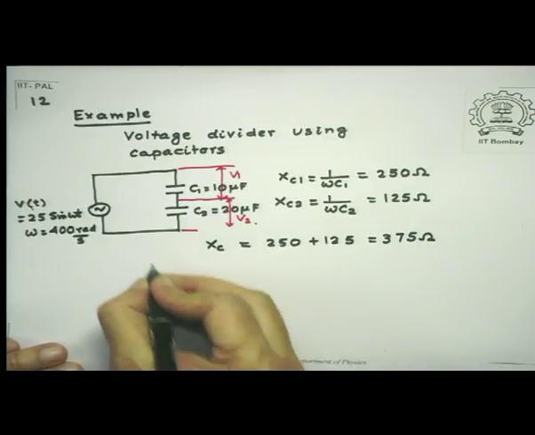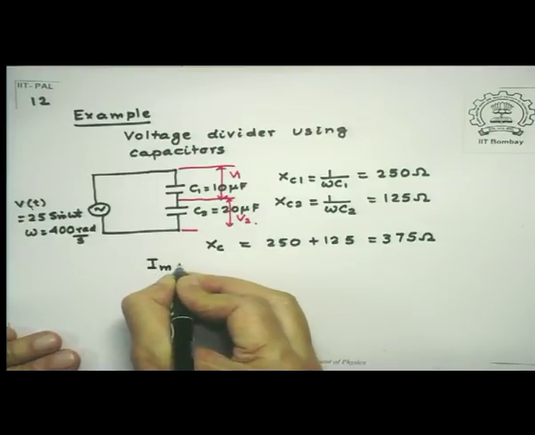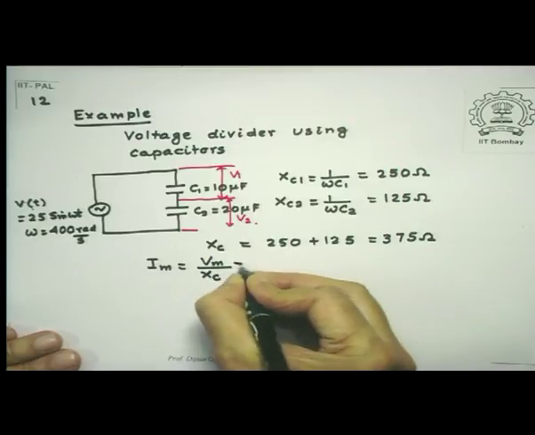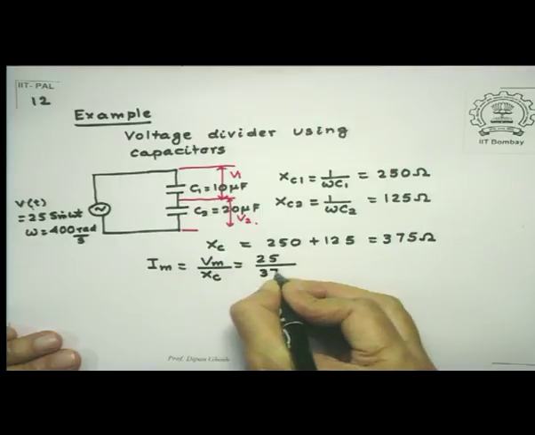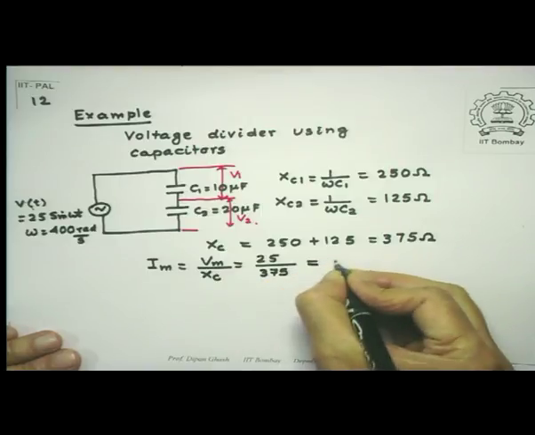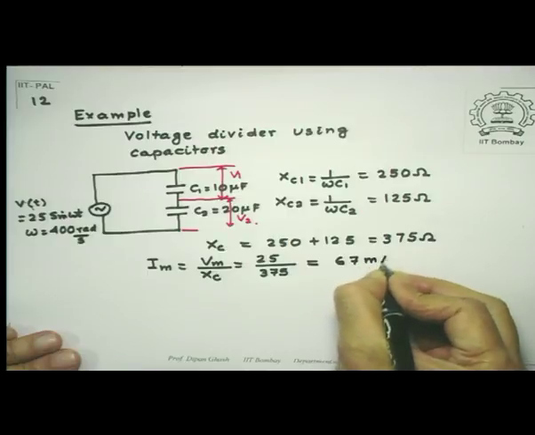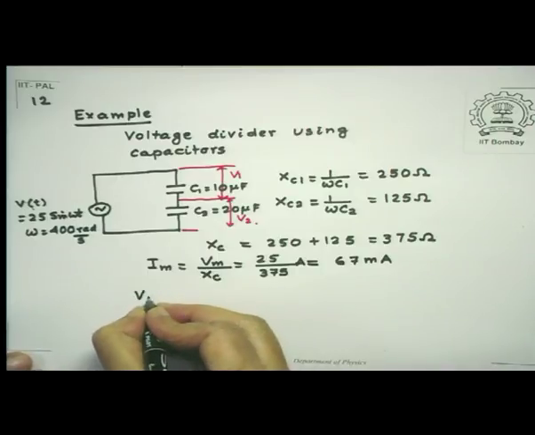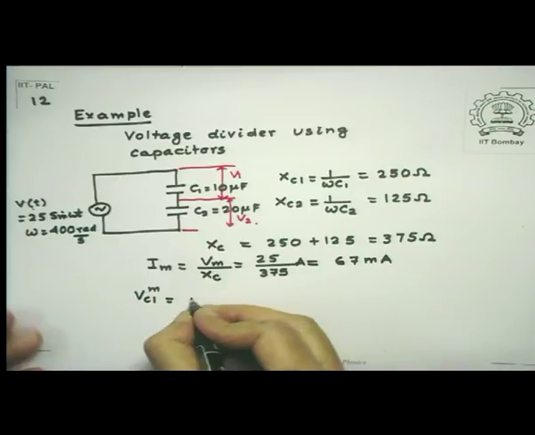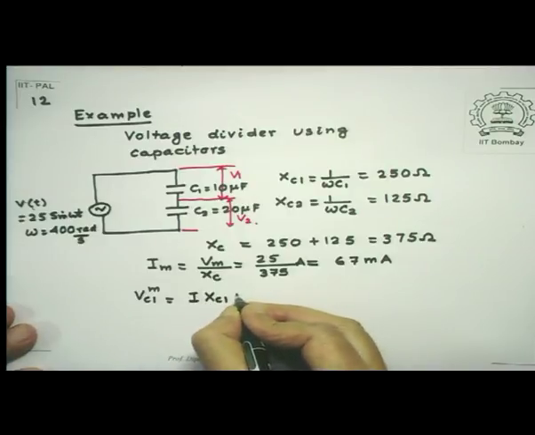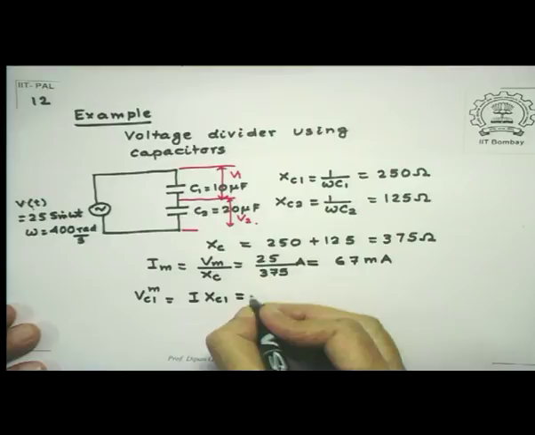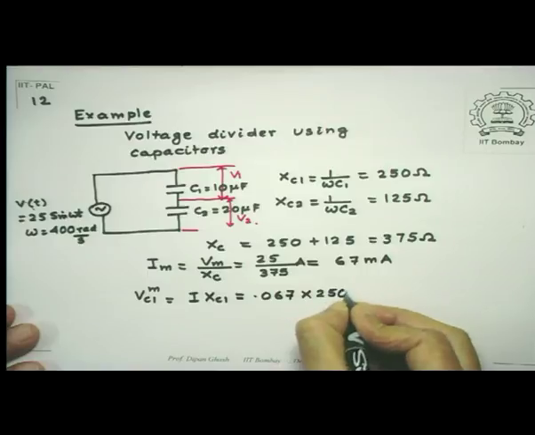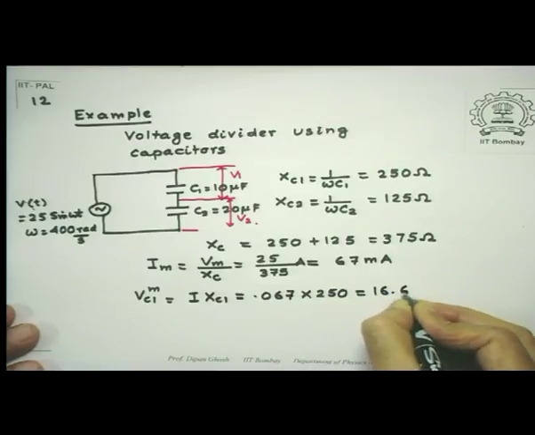Therefore, my maximum current is Vm, which is 25, divided by XC, which is 25 by 375, which if you calculate works out to 67 milliamperes. So VC1 is equal to I times XC1, which is 0.067, I am writing it in amperes still, into 250, and that works out to 16.67 volts.